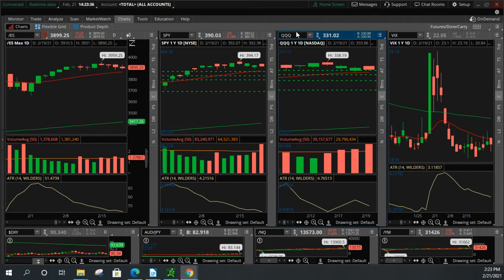So when you're looking at the market moving either up or down, depending on how Apple moves or Amazon moves, those bigger tech companies are probably going to push that market up or down, depending on their movement.